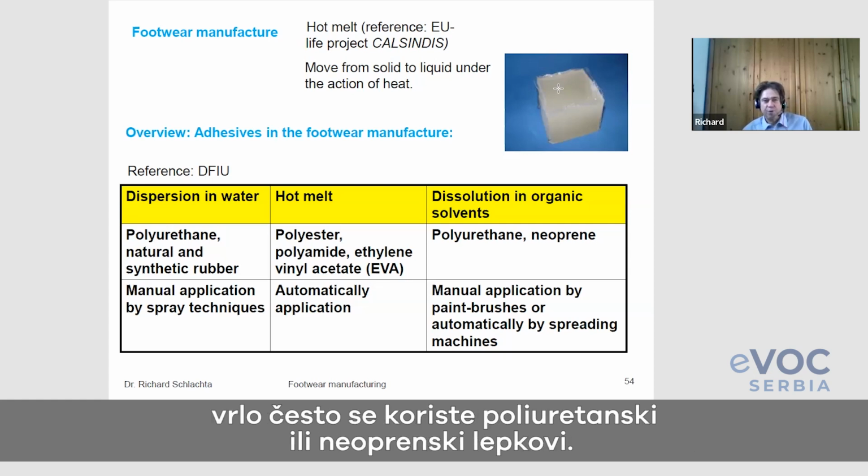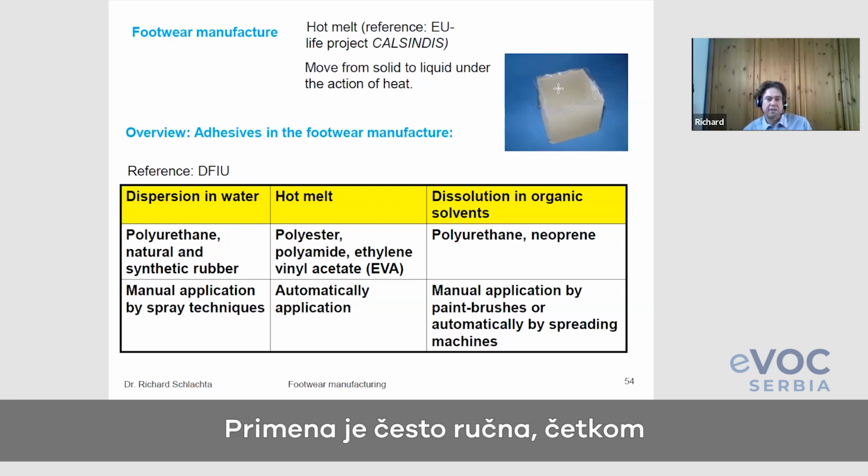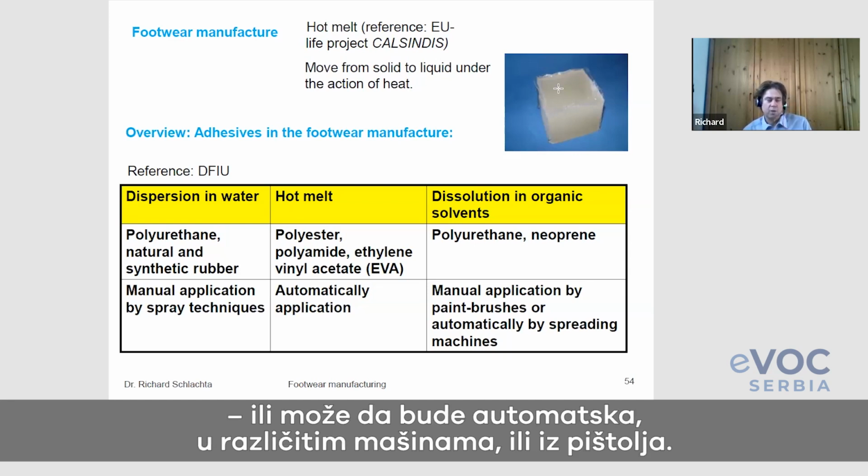Very often polyurethane solvent adhesives are used, or neoprene adhesives, and the application is done very often manually by, for example, paint brushes, or can be done automatically by different machines or guns.